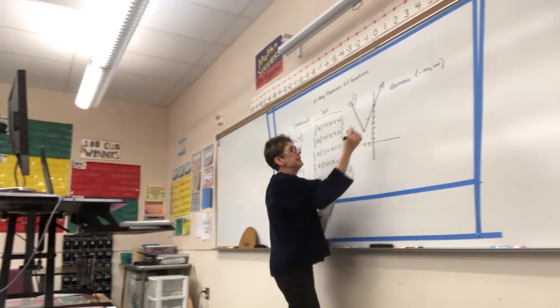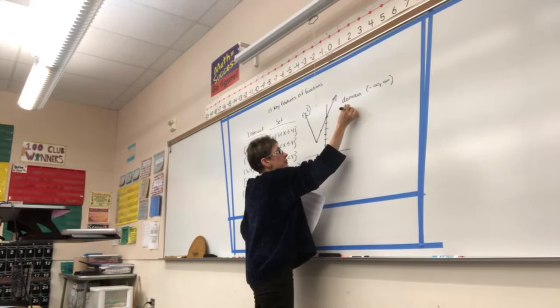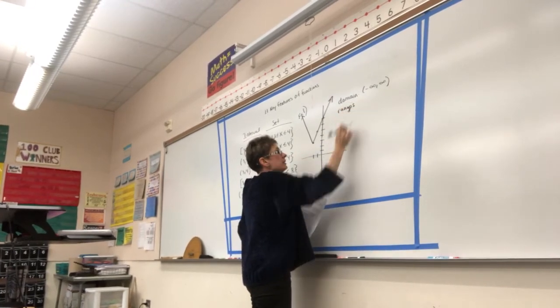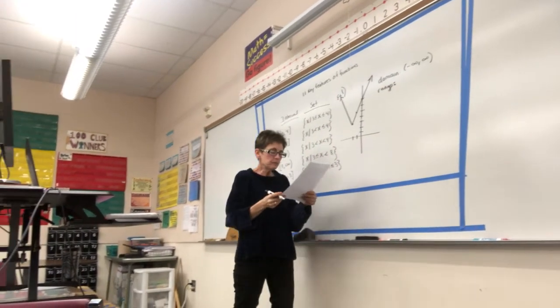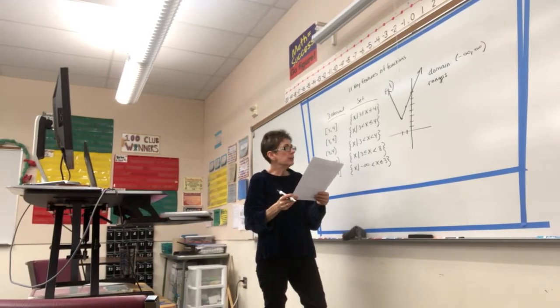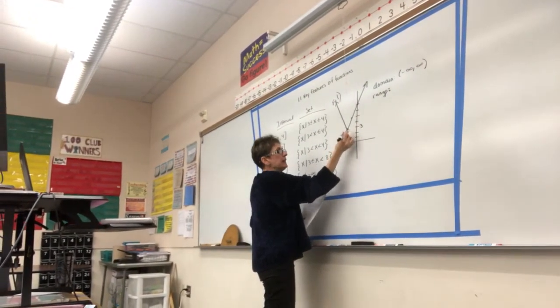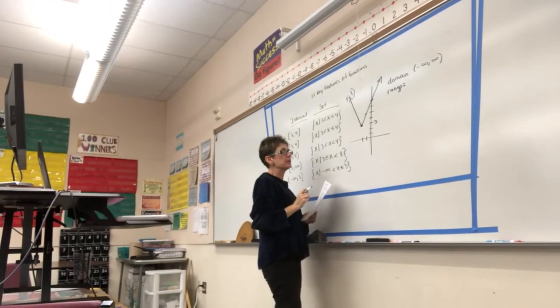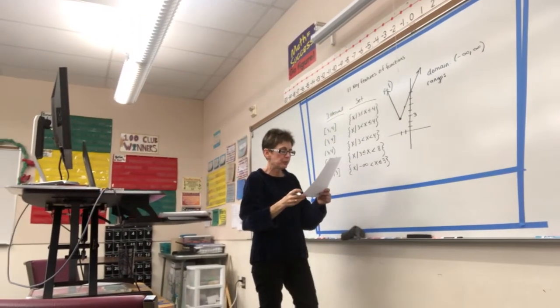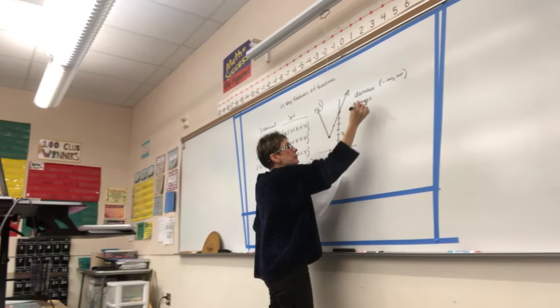Now if we want to identify the range of this function, range means the y values. If we look at the y values, the smallest value that y can be is 3, because the vertex is at -2, 3, and it does include 3.